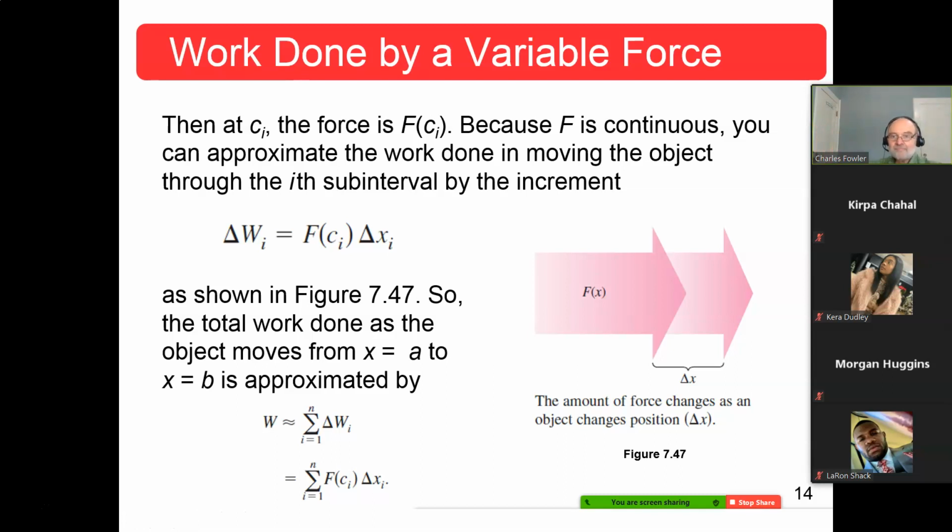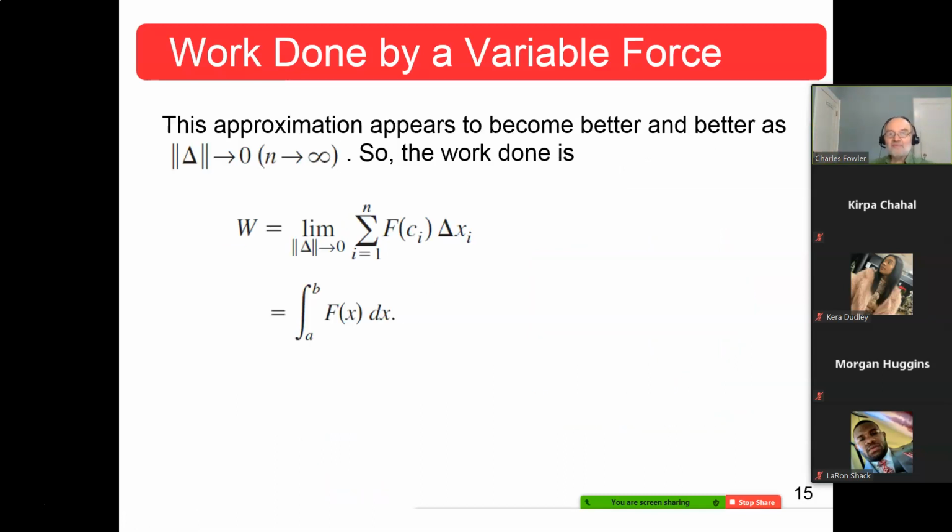Okay? So that approximation becomes better and better as you let the norm of that partition go to 0, in other words, as n goes to infinity. Now the norm is the largest of those subintervals. Like if this one was a little bit bigger than this one here, we'll choose that big one.